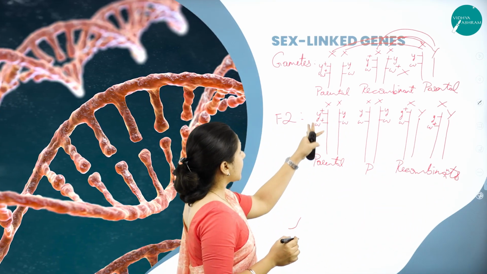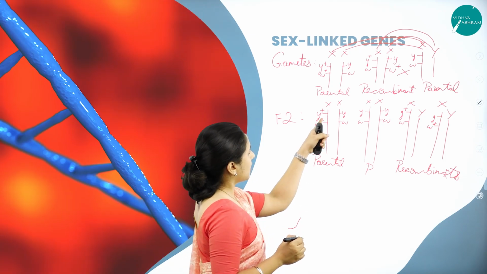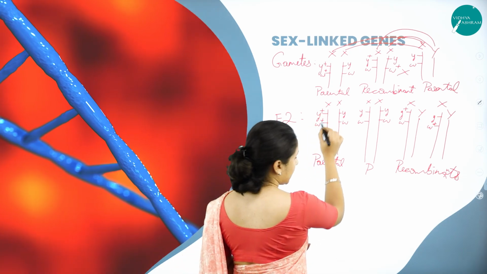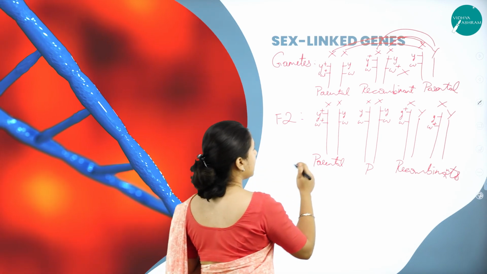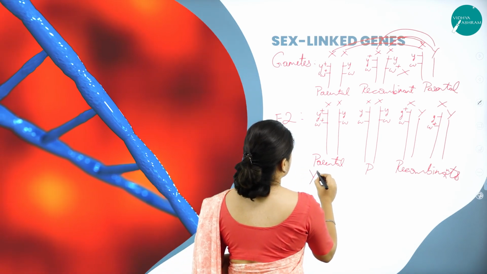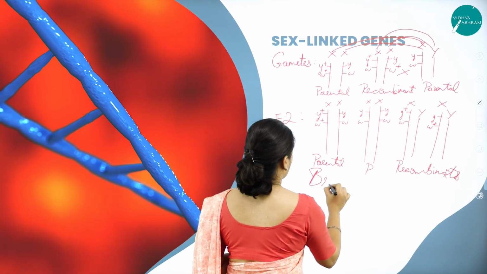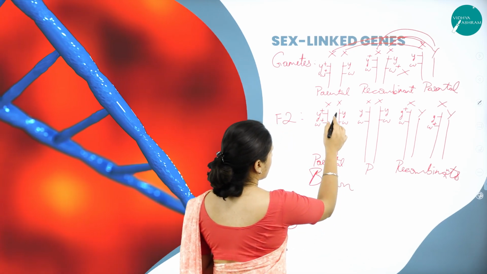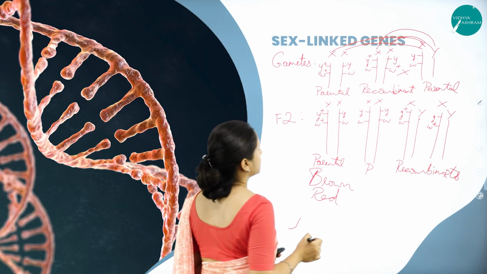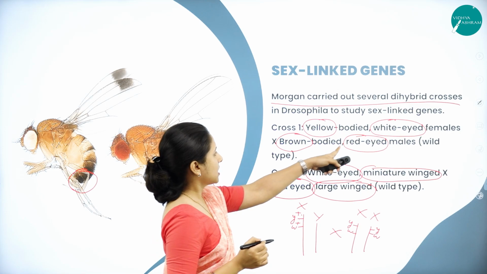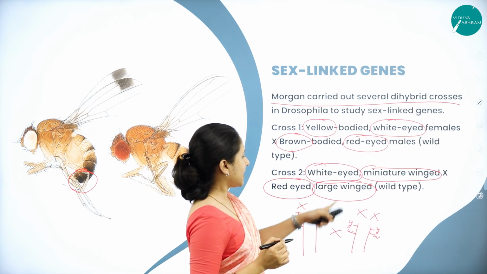So therefore, in the F2 generation, now we have a female fruit fly. The progeny is a female having brown body and red eye. So previously we have seen brown body, red eye.